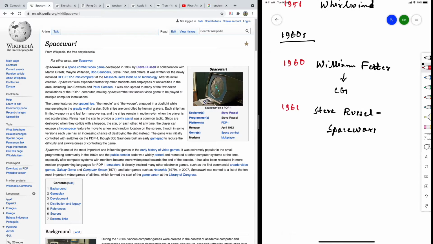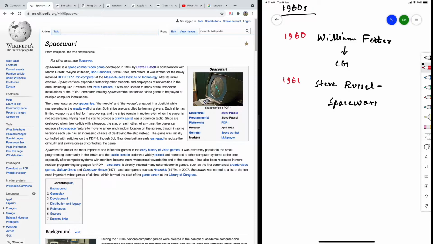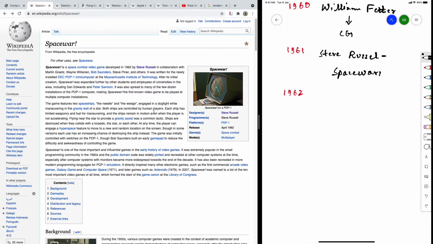Then after that, in 1963, two things happened. First of all, the first mouse was released, and it was designed by Douglas Engelbart.